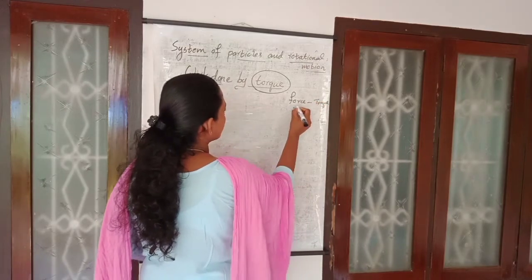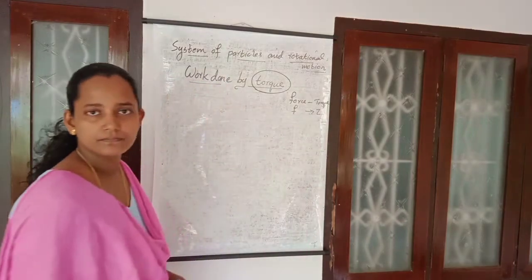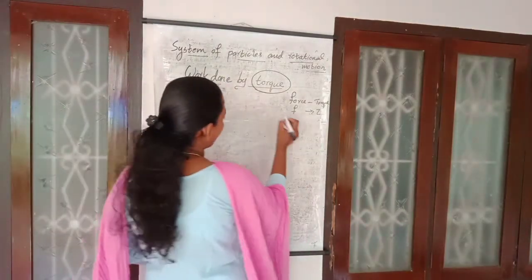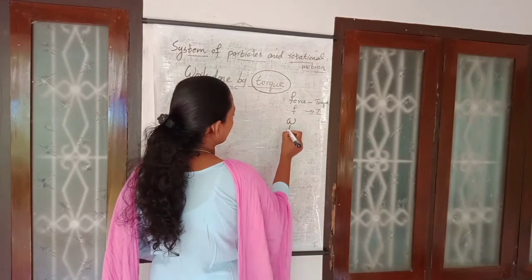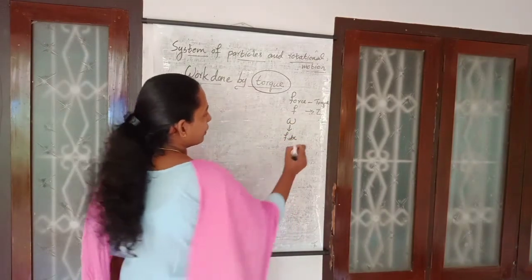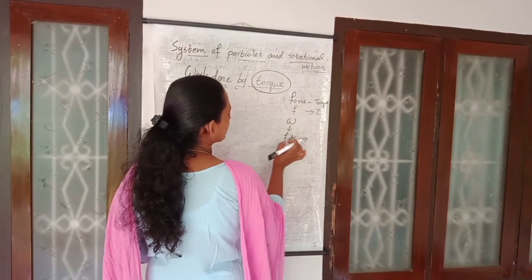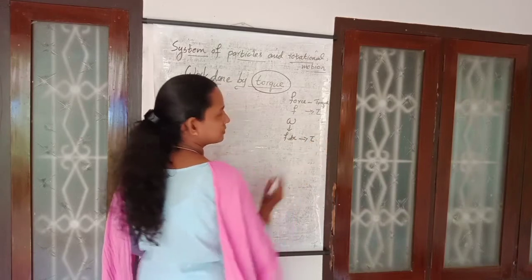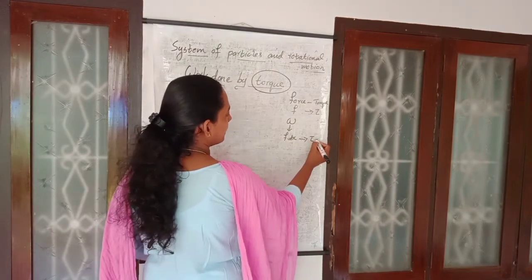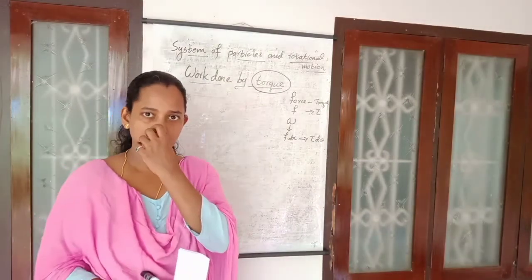Force is F, torque uses the letter tau. We know the work done W is F dot dx. So we want an expression for work done by torque, where instead of force it is torque tau, and instead of linear displacement, angular displacement d theta. That is the relation we want to get.